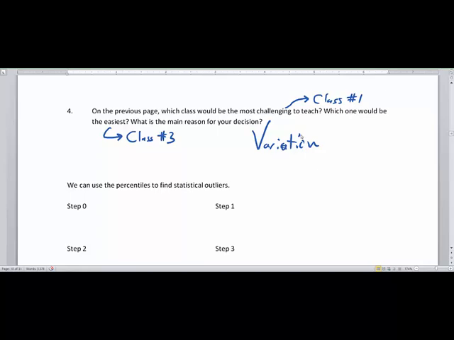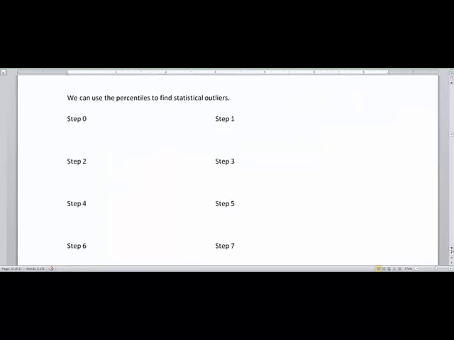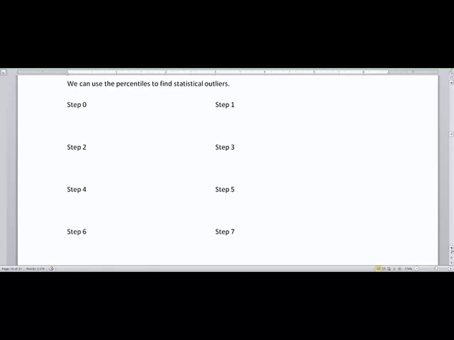So what we're going to do is talk about the 7 steps to find an outlier, and then we're actually going to use the data to see if outliers actually existed in this class. Okay, so in this 8-step process, the first step is step 0. And it's step 0 because you've got to make sure that you've put your numbers in order.